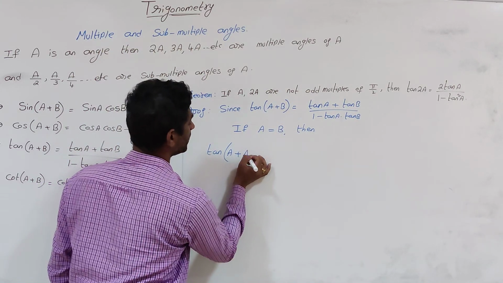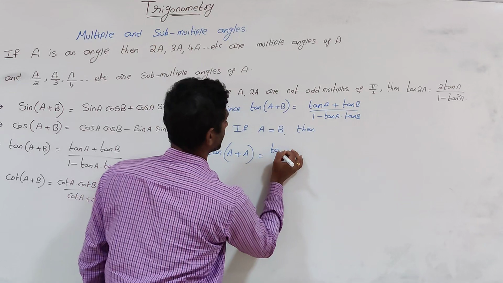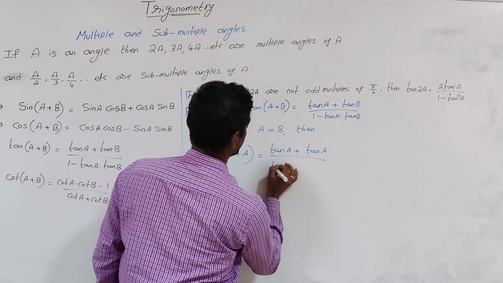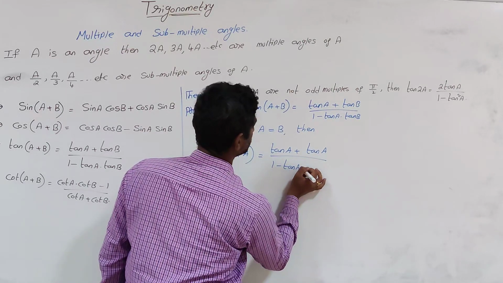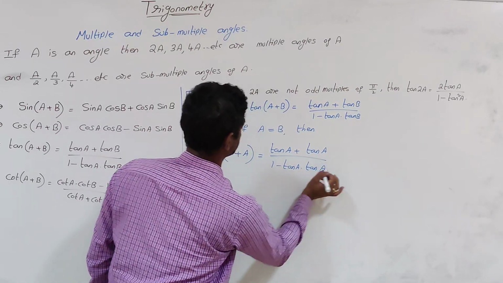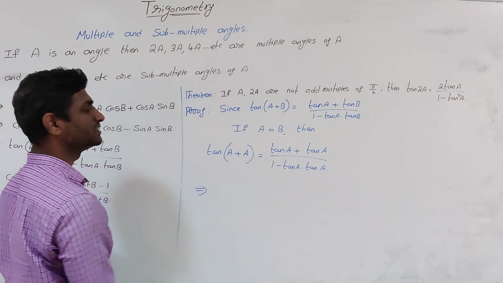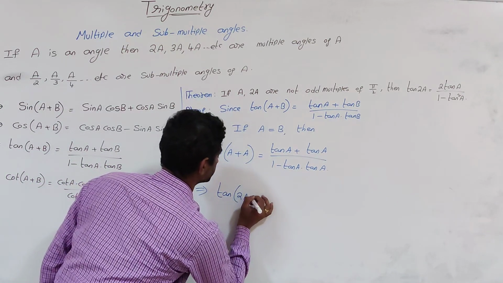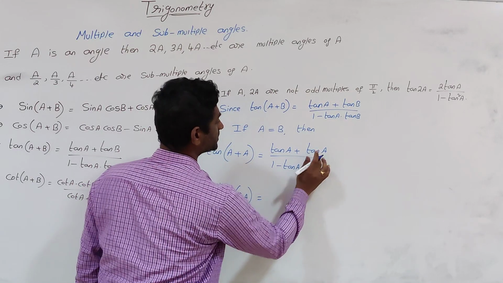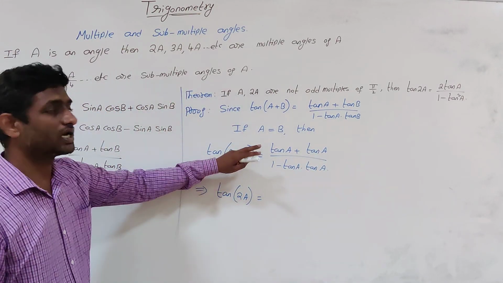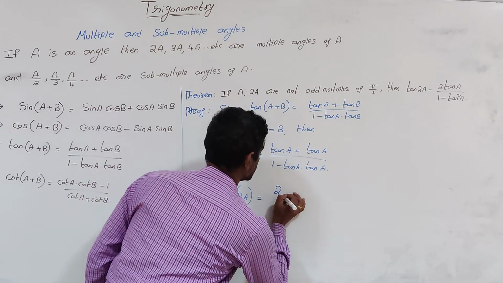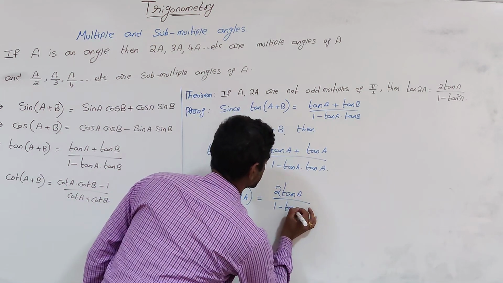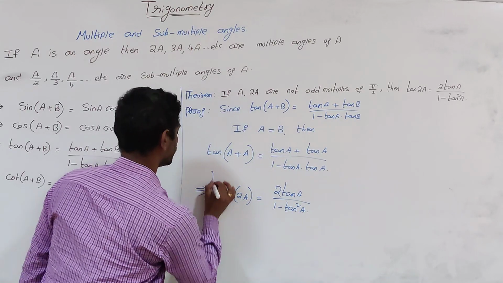Tan of A plus A is equal to tan A plus tan A by 1 minus tan A into tan A. So tan of A plus A will be tan of 2A, equal to tan A plus tan A. In the numerator, both are like terms, we can add them up, that is 2 tan A by 1 minus tan square A. So that is the formula for tan 2A.